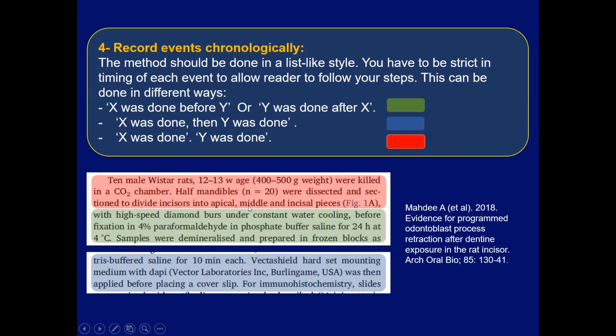So when he said then applied, he meant X was done before Y, before placing a cover slip for the immunohistochemistry examination, of course. So he used the word then to mean before, which is sometimes accepted.